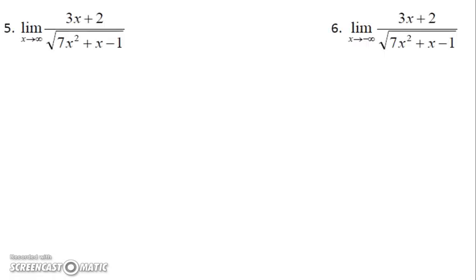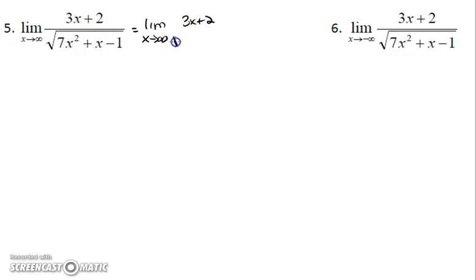So 5 and 6 deal with that warning that I had about your radicals and your powers. So we can't just think right now that the numerator grows faster because it's a power and this is a radical. If we think about it, if we were able to simplify this, we would get 3x plus 2 in the numerator.